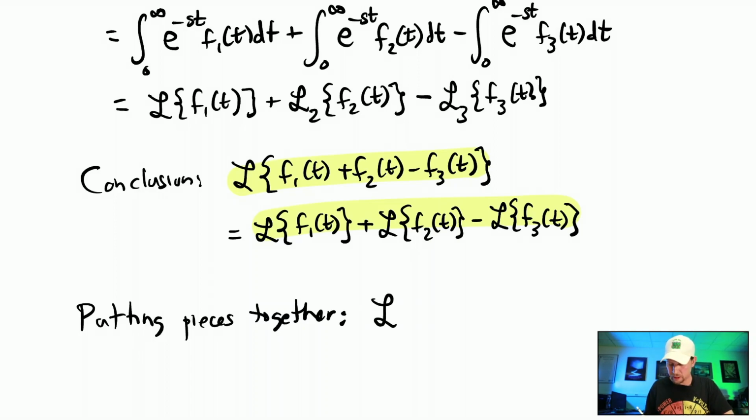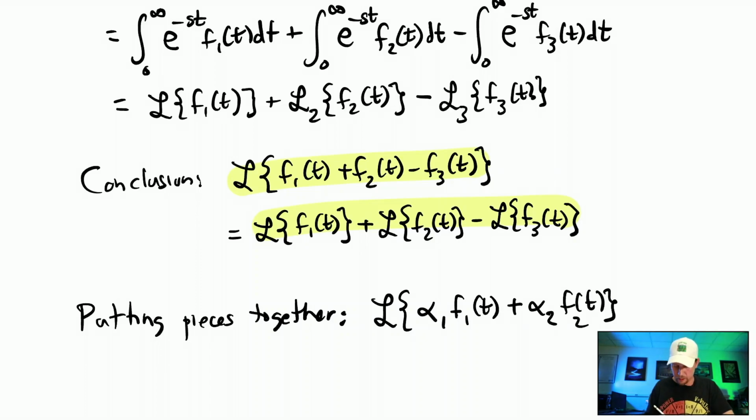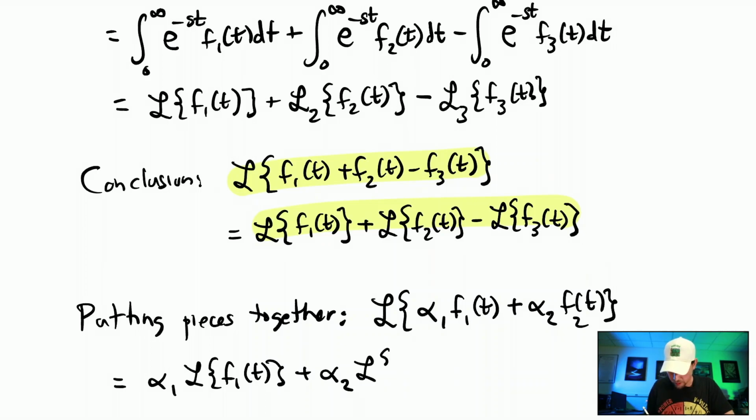So suppose that I had the Laplace transform of maybe some alpha 1 times f1 of t plus alpha 2 times f2 of t like this, where alpha 1 and alpha 2 are constants, and this is the same thing as alpha 1 times the Laplace transform of f1 plus alpha 2 times the Laplace transform of f2.